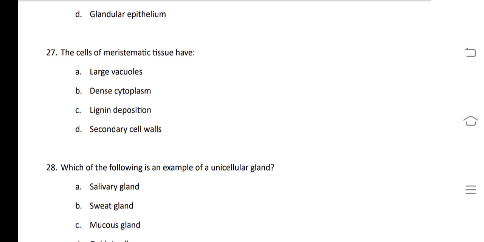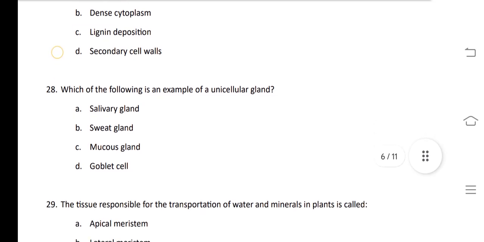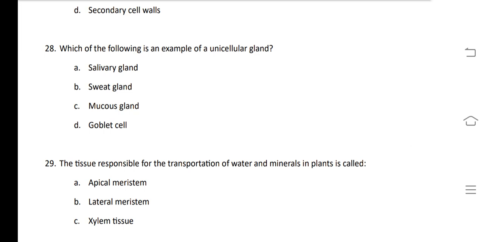And our next question is, the cell of meristematic tissue will have dense cytoplasm and small vacuole. Our next question is, which of the following is an example of unicellular gland? Unicellular gland in the body is goblet gland.